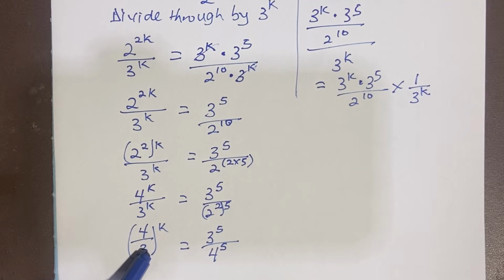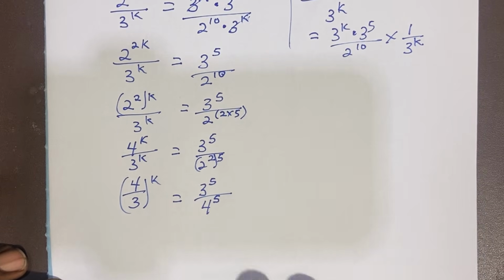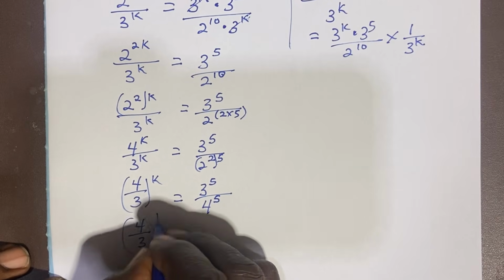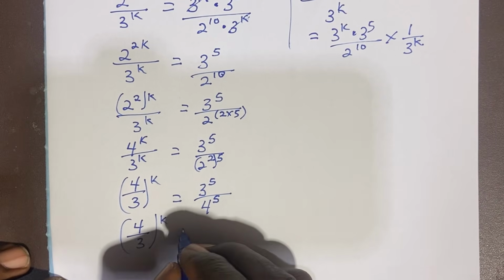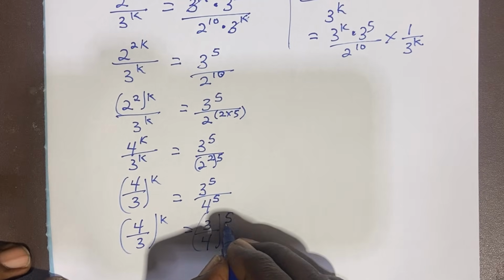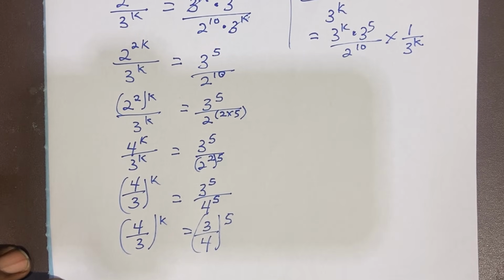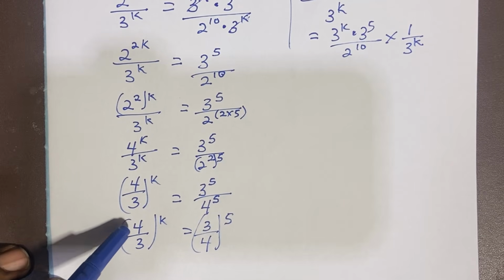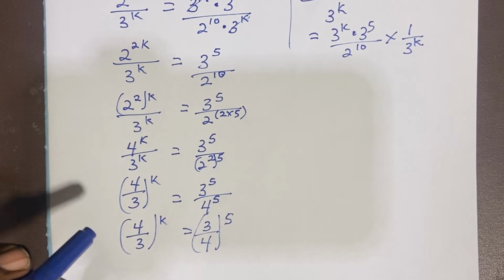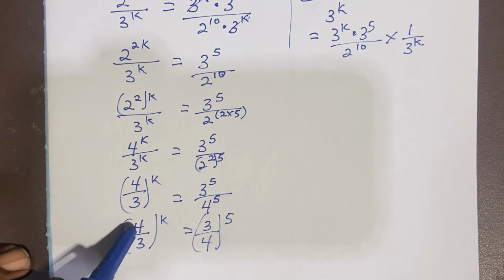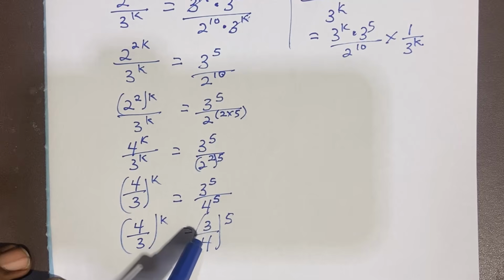So just like we did for the left hand side, the right hand side also has the same powers, which can be written as 4 over 3 all to the power k is equal to 3 over 4 all to the power 5. Now from here what can we see? On the left hand side I have 4 over 3. On the right hand side I have 3 over 4. It's just the inverse, one is the direct inverse of the other.